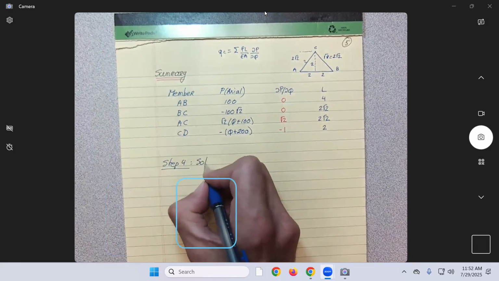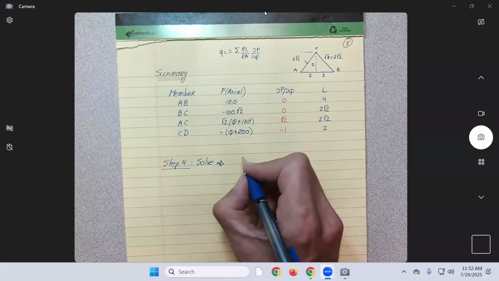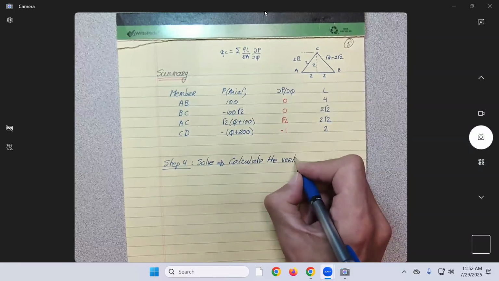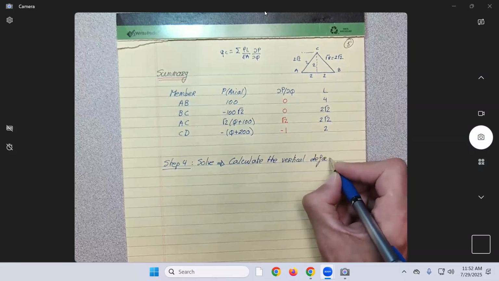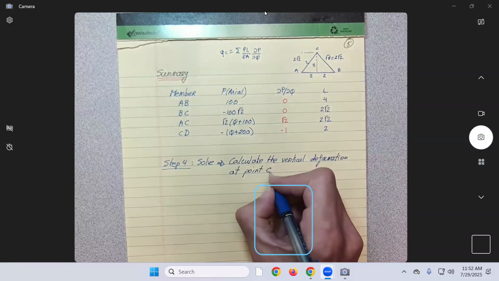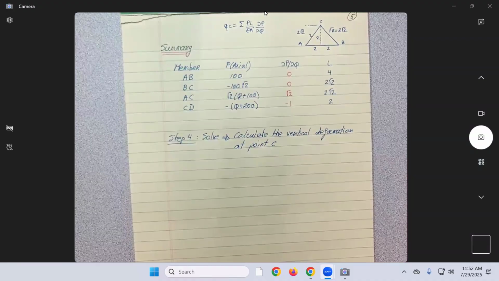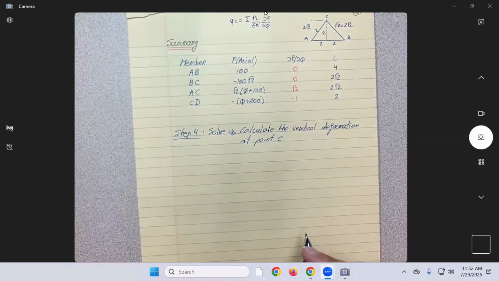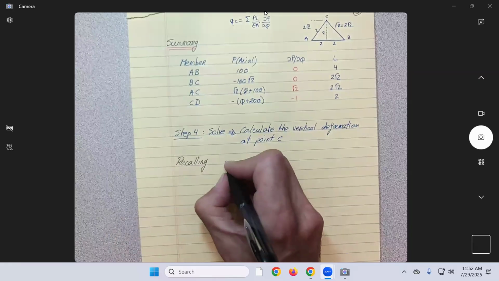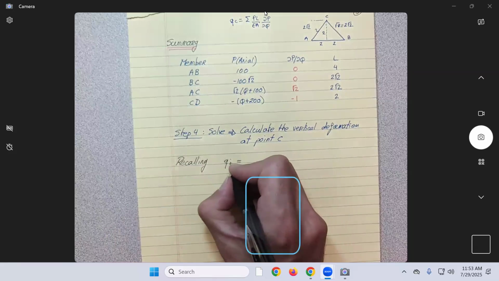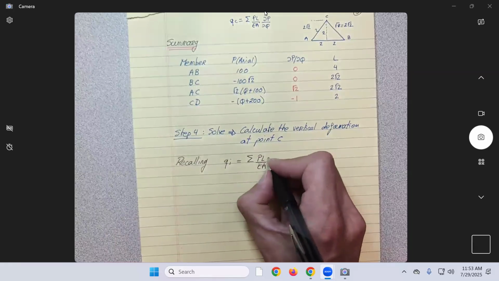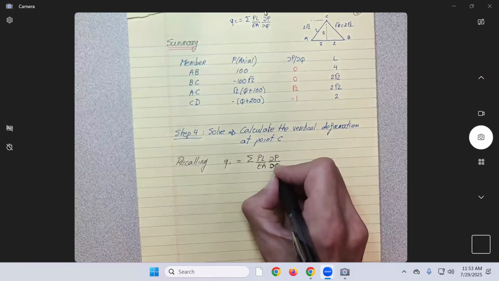So solve, which in this case means calculate the vertical deformation at point C. Recalling, we have the equation here, Q sub I will be equal to the summation of PL over EA, partial of P, partial of Q sub I.